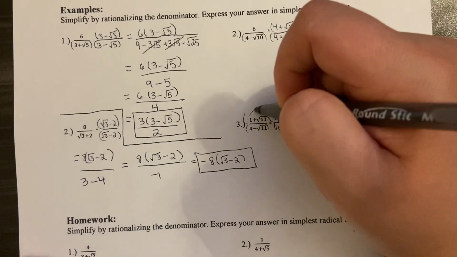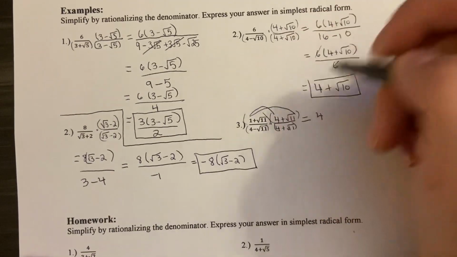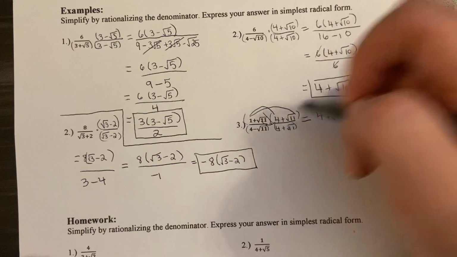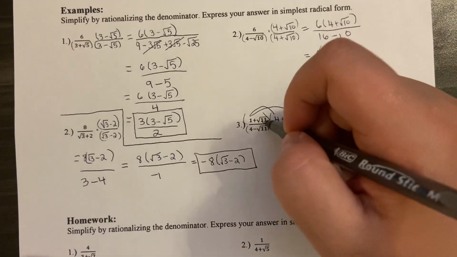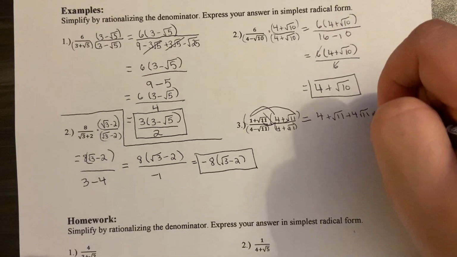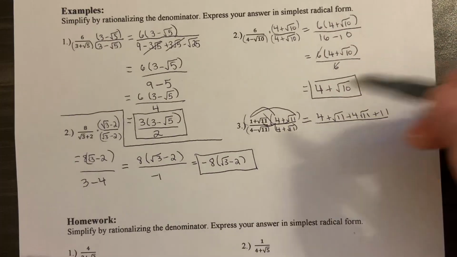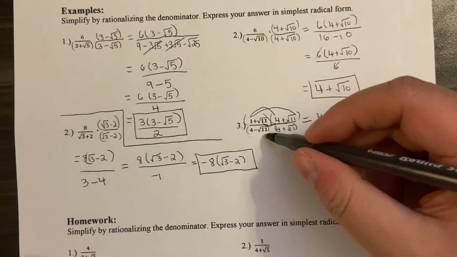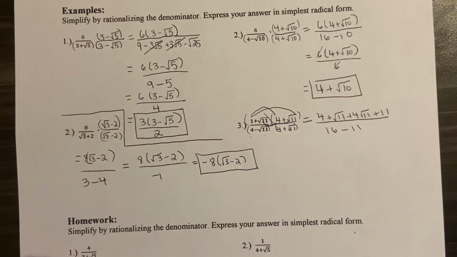So I have 1 times 4 is 4. 1 times radical 11 is radical 11. Then 4 times radical 11, which is just 4 radical 11. And then radical 11 times radical 11 is just 11. The bottoms are conjugates, so 4 times 4 is 16, and negative radical 11 times a positive radical 11 is just minus 11.